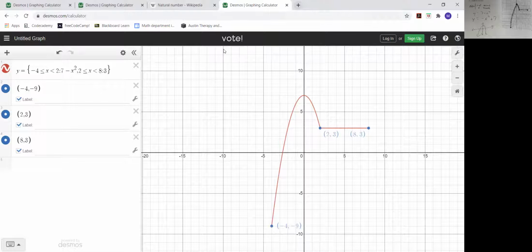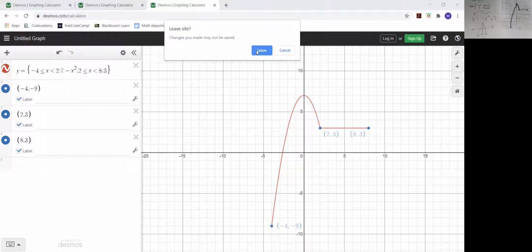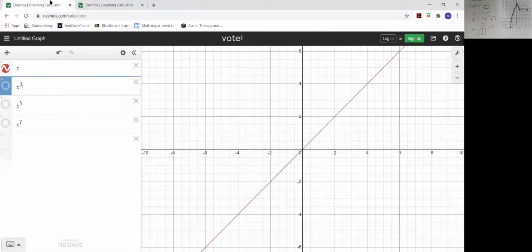Okay, so the next thing I want to go to is, where am I at? That's good. I want to look at odd functions. So if I'm looking at odd degree functions, when we talk about the degree of the functions, what we're referencing is the largest degree there.